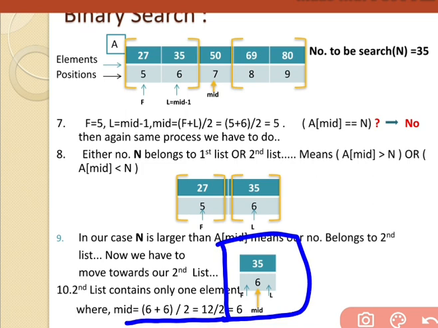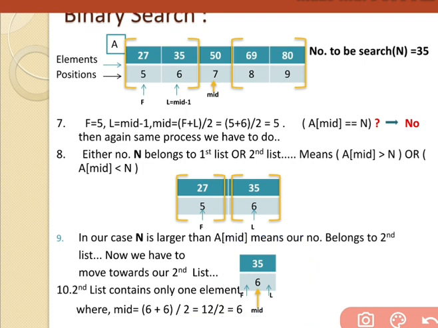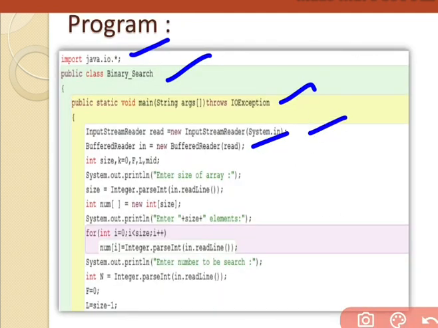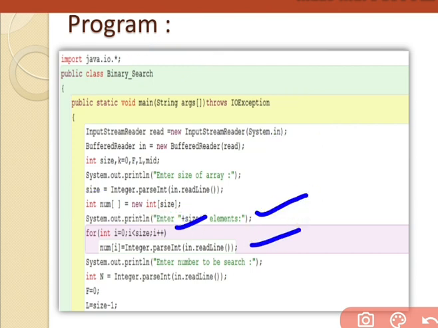I think you are able to understand what I want to say. Now it is okay, the common thing. Then we have to accept the array size, and then declare the array. After declaring the array, we accept the elements. After that, we ask the user which number to search.